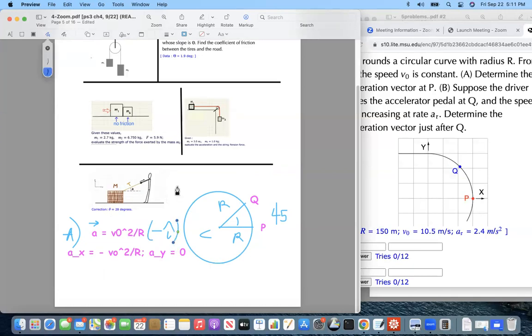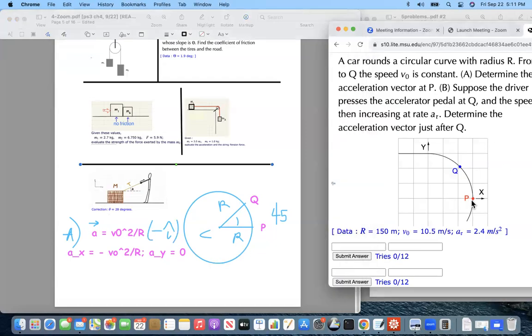It's v0 squared over r. That's the magnitude. The acceleration here at the point P is in the negative x direction. It's towards the center of the circle.